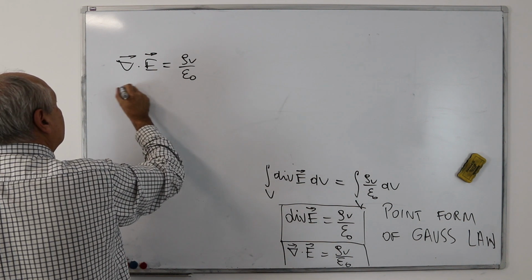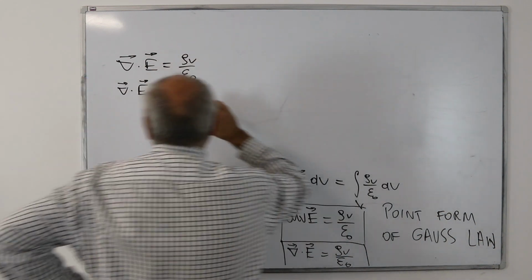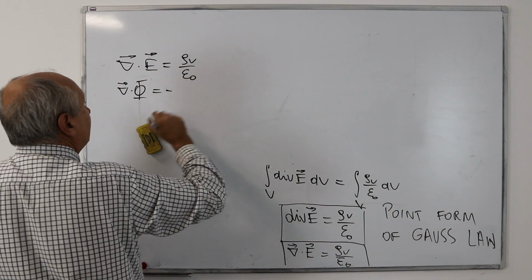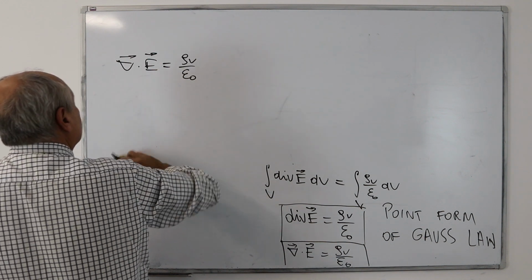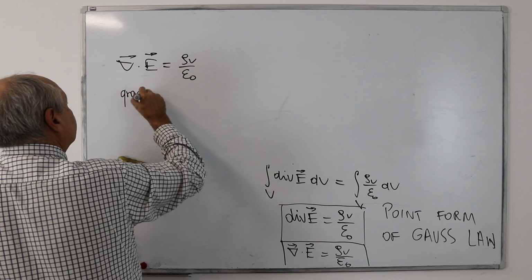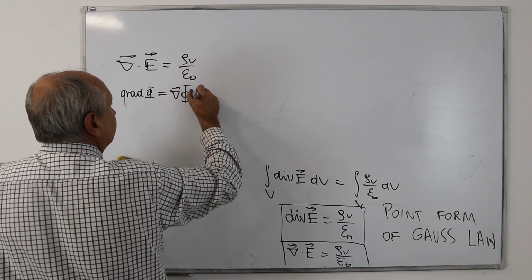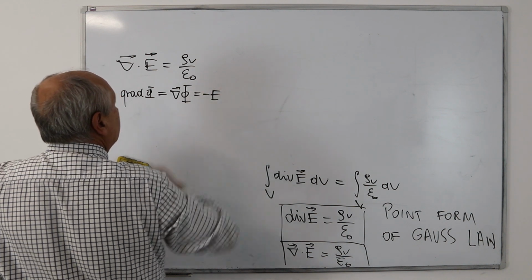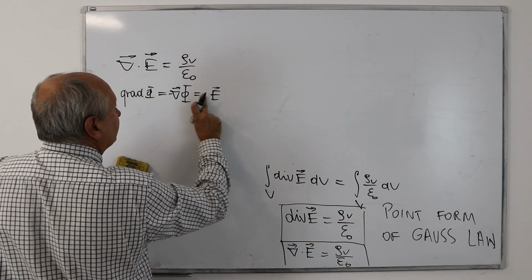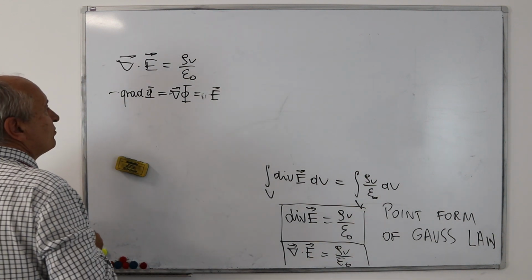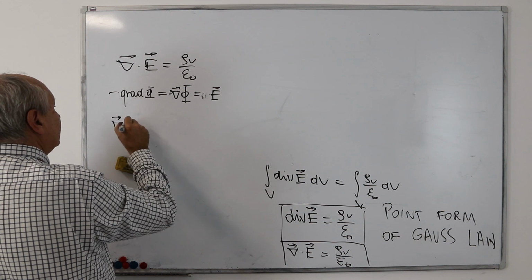And we know that minus gradient of potential phi is equal to E, so we can write it like this. Minus gradient phi is equal to electric field intensity. We can put this in this place.